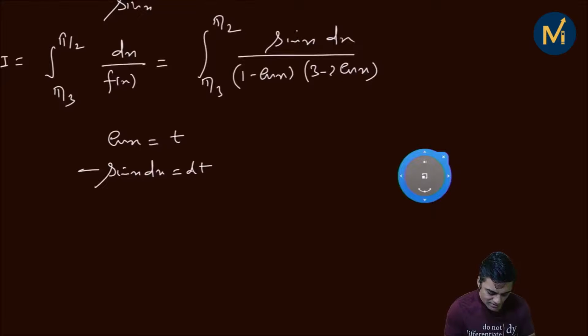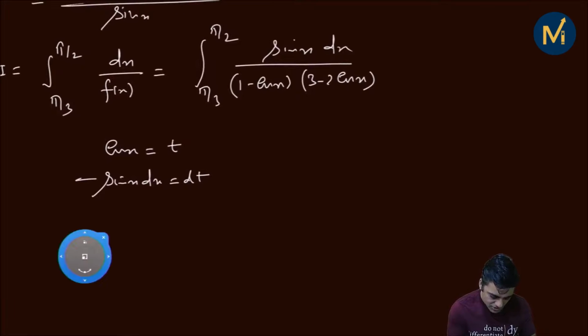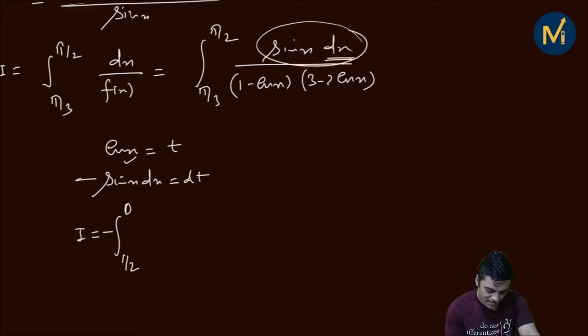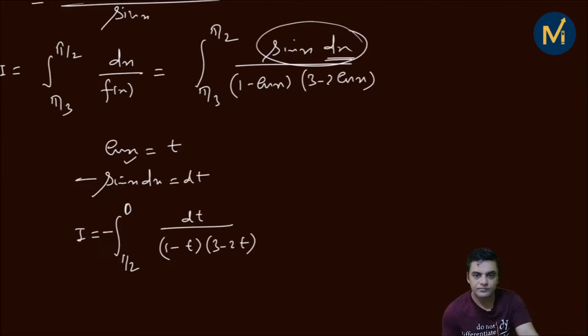So what about the limits? So your integration becomes, when you take x as pi by 3, cos pi by 3 is half. When you take x as pi by 2, then it becomes 0. I will replace this sin x dx by minus dt. So dt, minus sign is out, and it becomes 1 minus t upon 3 minus 2t.